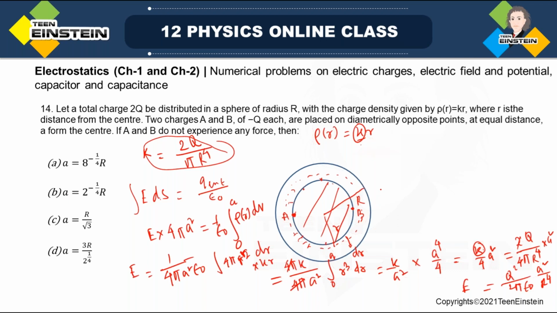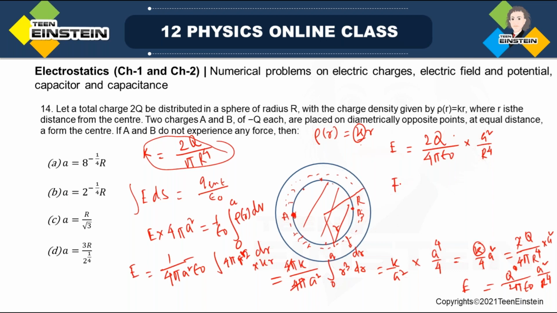So this is how we get the electric field. Let us write it as 2q itself, 2q divided by 4 pi epsilon naught into a square by r to the power 4. So the electric field on the surface, everywhere the magnitude is the same.